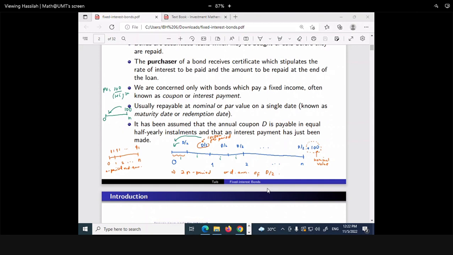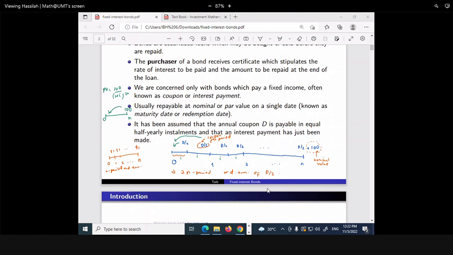Okay, bond has a certain period, so it usually goes up to 30 years. Okay, so then the structure of payment of the coupon, it is payable until maturity of the bond.